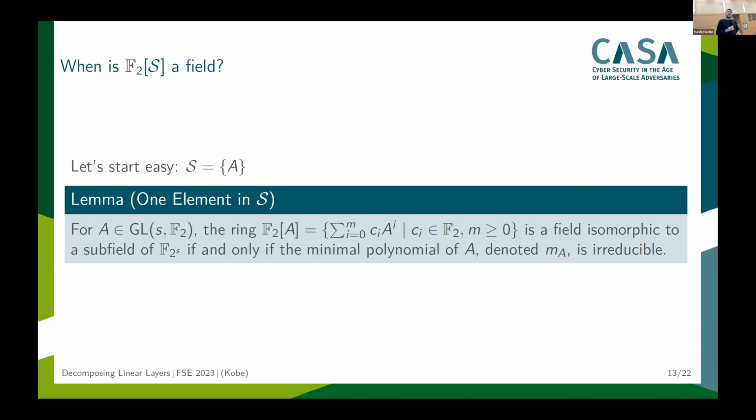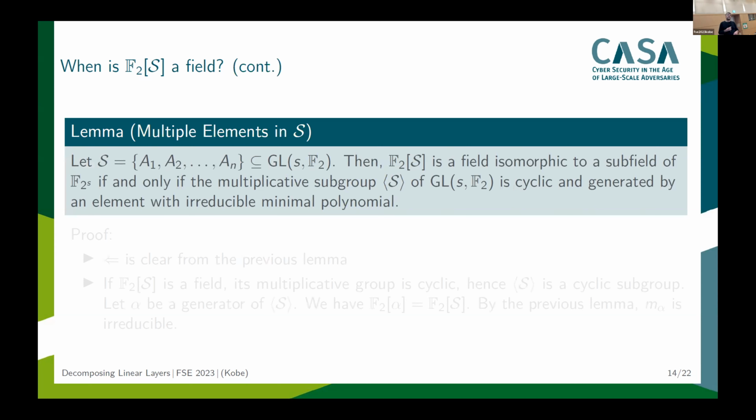That's equivalent to the minimal polynomial of the matrix A being irreducible. That is basically how all these irreducible polynomials come into play. I'm not going to give a proof here. Let's focus on the next more complicated case.